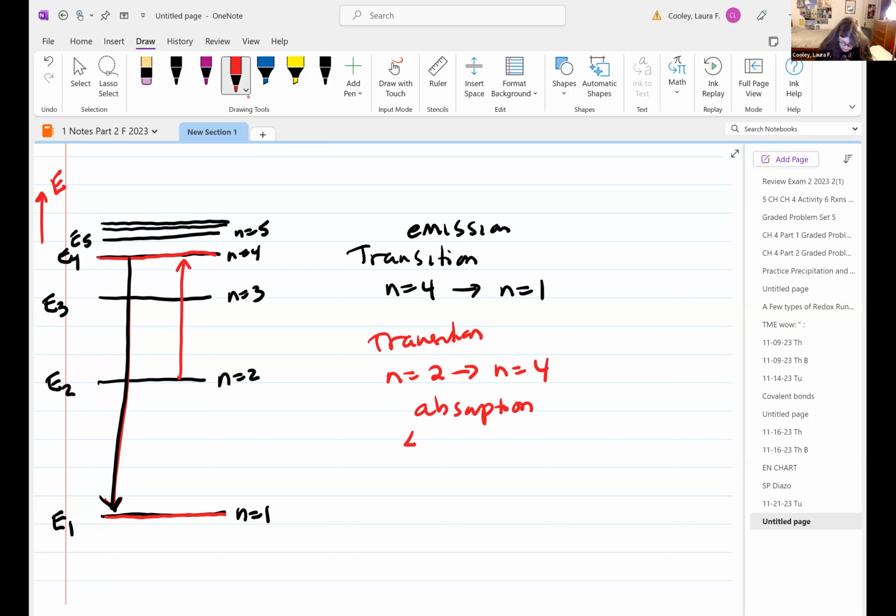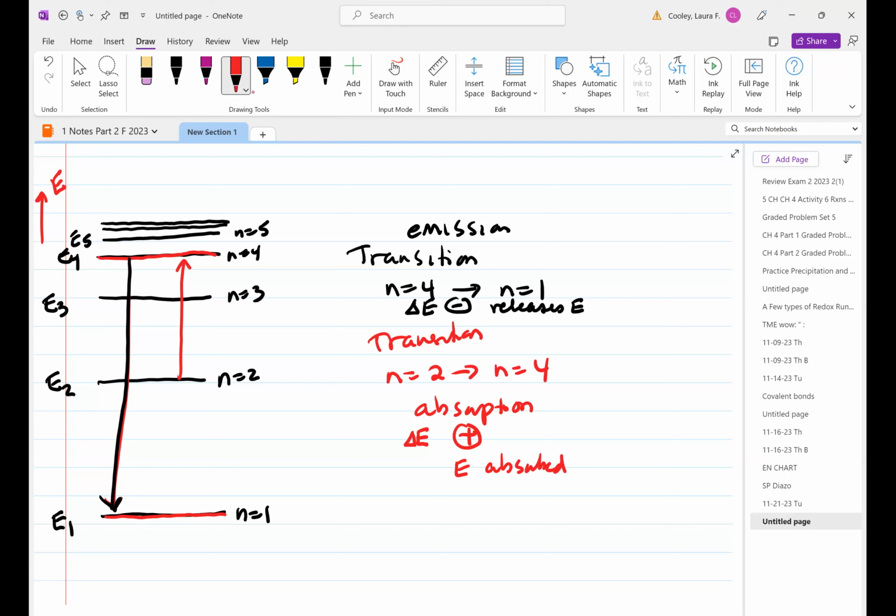So this would have a delta E that's positive, right? This guy would have a delta E that's negative because energy is released. And here it's because energy is absorbed. Thank you for that. You're welcome.